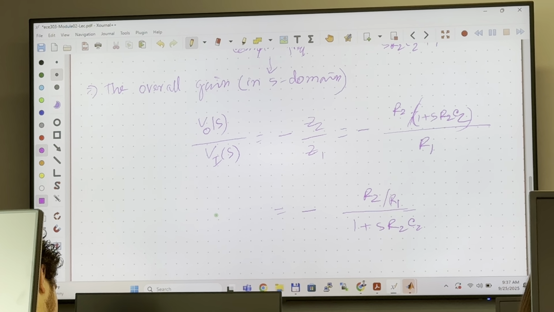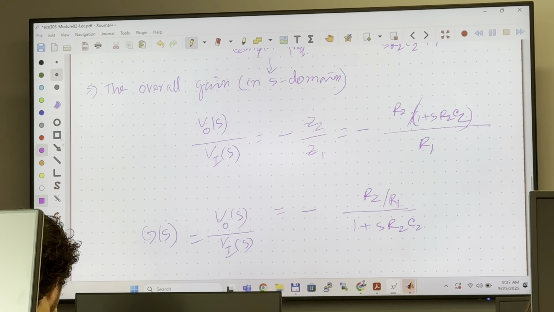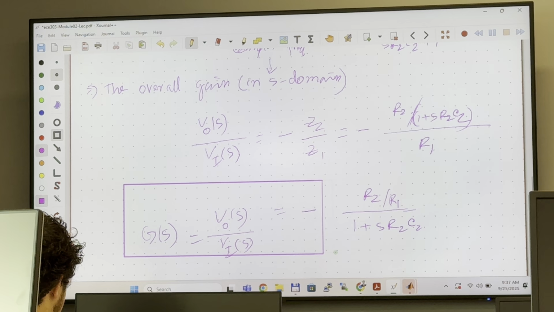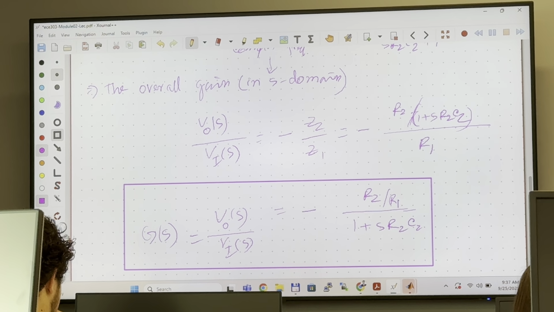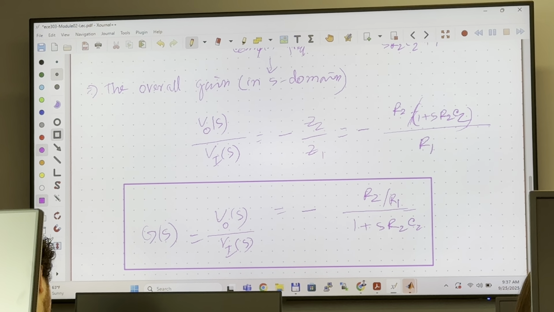So this is the overall gain, V out of S over V in of S. You can just call it G of S. And this is basically the first part of the example.